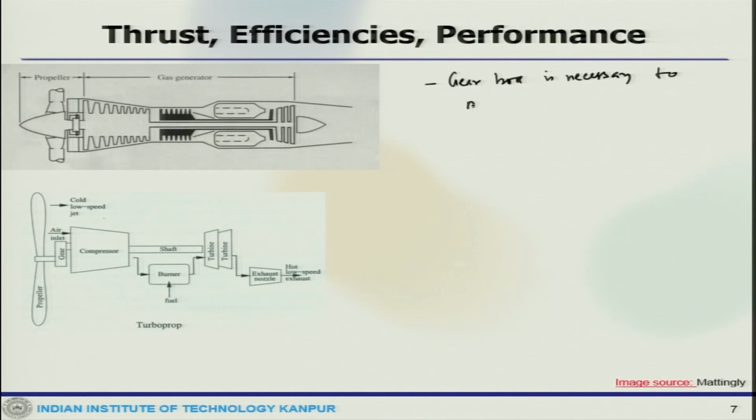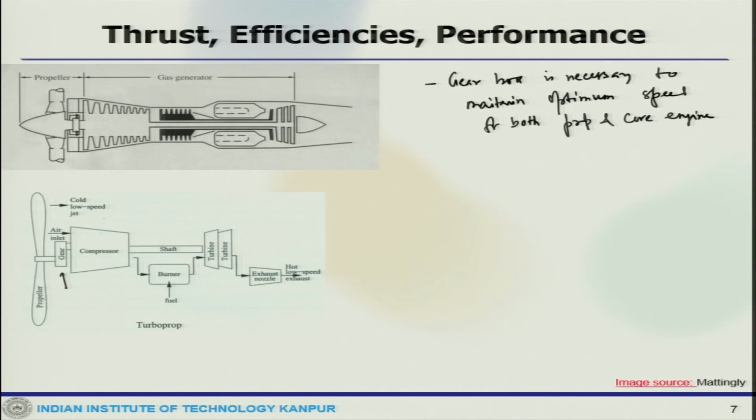Why? To maintain the optimum speed for both the propeller and the core of the engine. So, you have a gearbox sitting here.